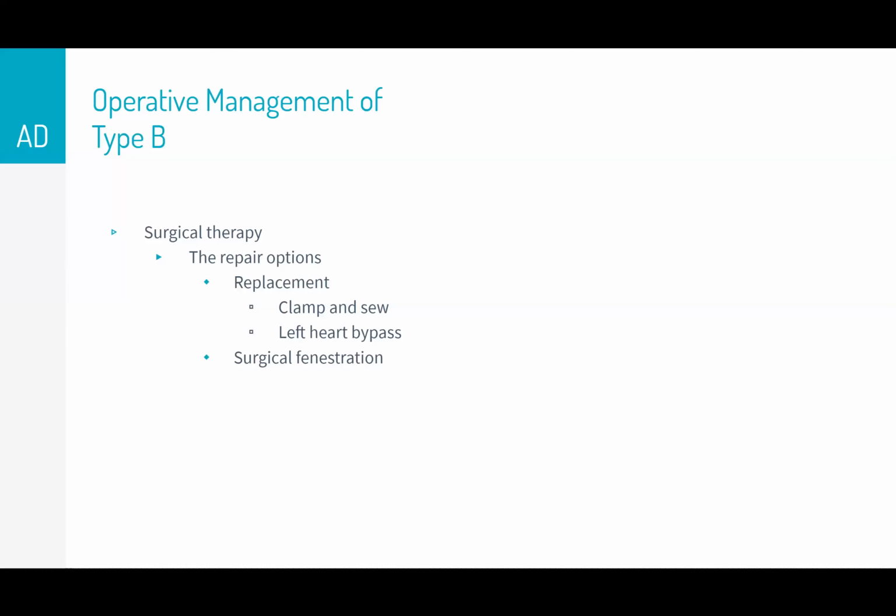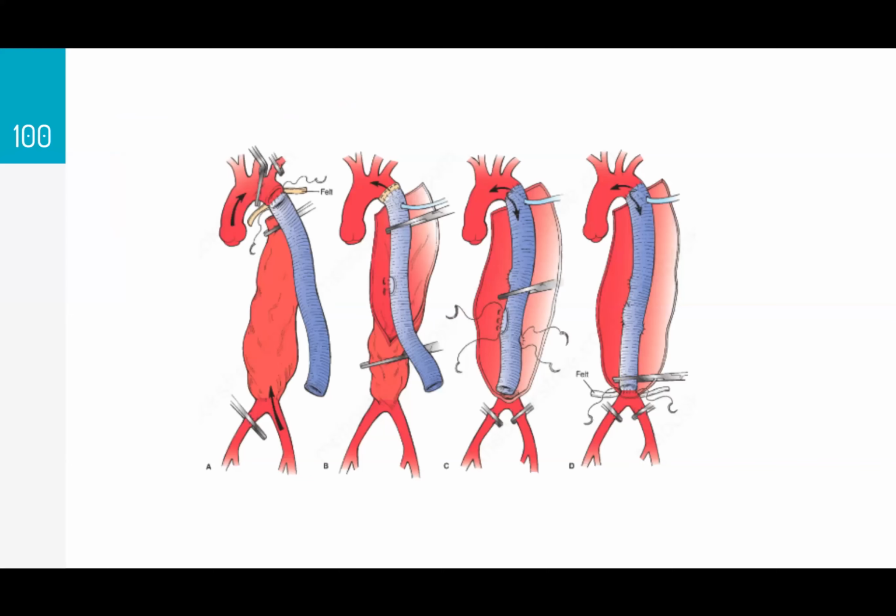This is just a fast summary: this is the surgical fenestration, and these are the steps of descending thoracic aortic repair. Thank you, and sorry for taking a long time.